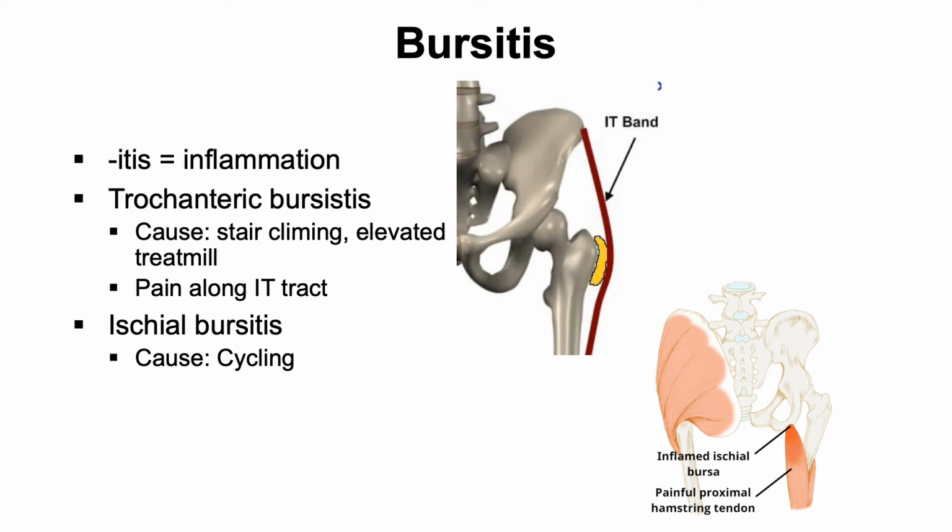Usually this is caused by any sort of stair climbing or any sort of incline, basically, which can put pressure on that area. The next most common one is going to be ischial bursitis, right over the ischial tuberosity, and a lot of times it's caused from cycling, so just from a lot of sitting and irritating that bursa sac.